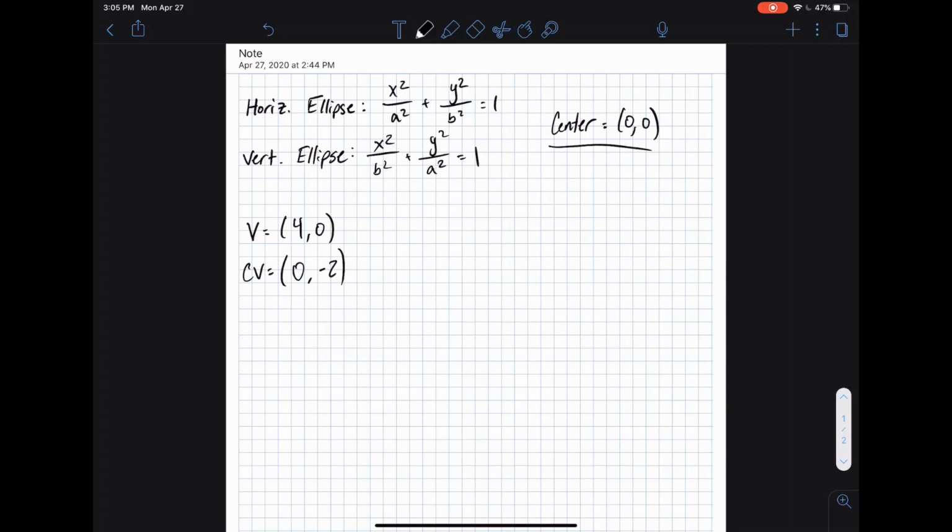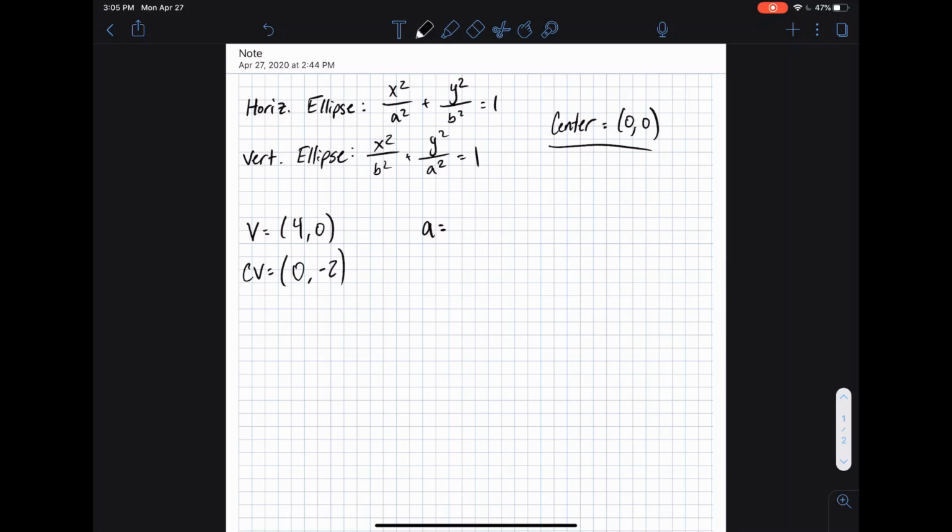And A is equal to the distance from the center to a vertex, and B will always be the distance from the center to a co-vertex. So let's look at those two right now. What would A be in this case? Remember, A is the distance from the center to a vertex.